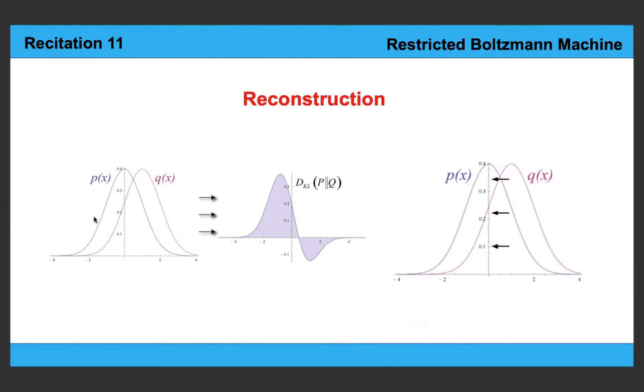So we want to measure the distance between the estimated probability distribution and the ground truth, the real distribution of the input. Usually RBM uses what we have used before, the KL divergence. It's seen like this, and the KL divergence measures the non-overlapping areas under the two curves.